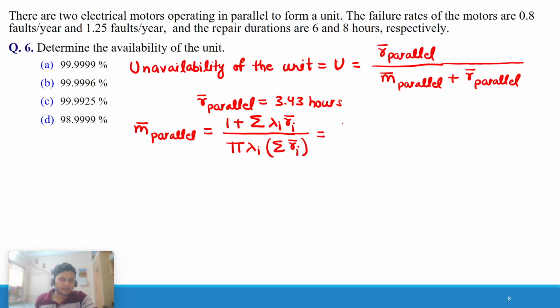Here there are two components, so we can simplify it as 1 plus lambda 1 R1 bar plus lambda 2 R2 bar, divided by lambda 1 lambda 2 into R1 bar plus R2 bar.